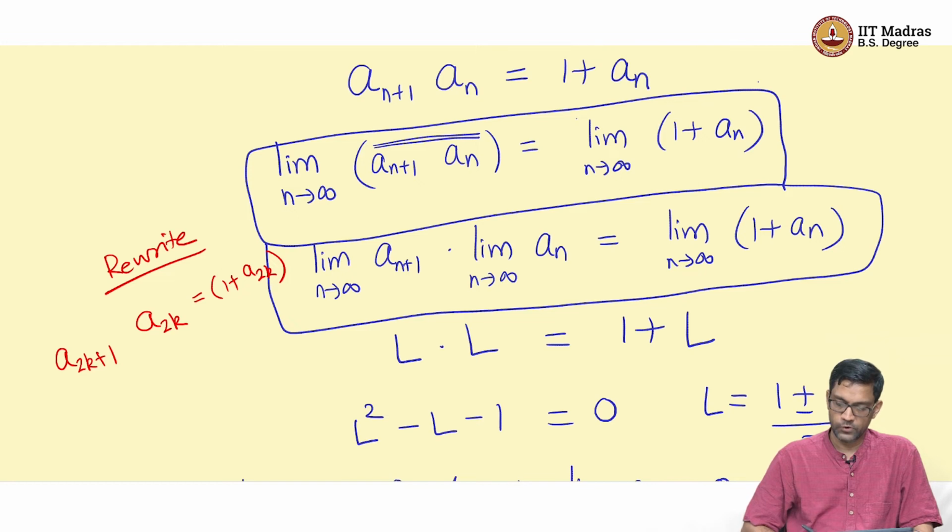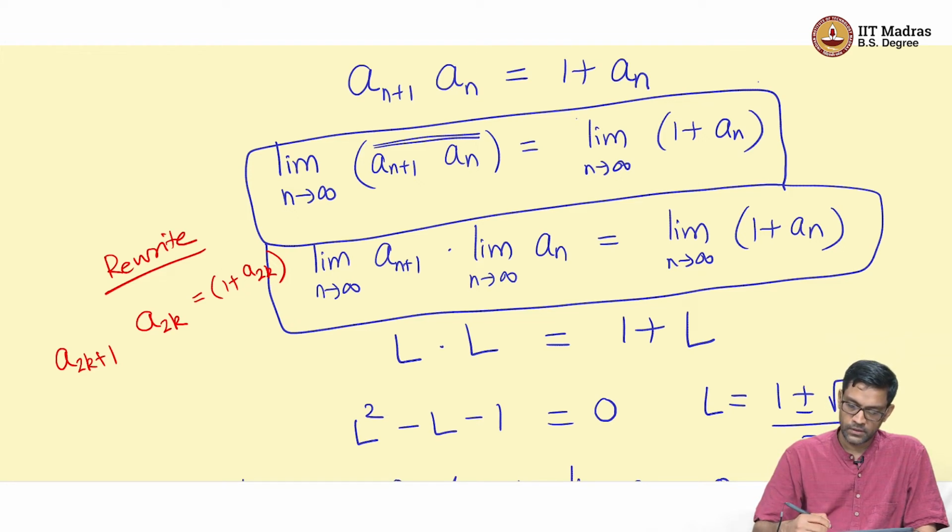Now we will do the same thing and take limits on both sides of this equation. At the moment I am only applying it to the case when n is even, but that is already enough. The limit as k goes to infinity of the left hand side equals the limit as k goes to infinity of the right hand side.